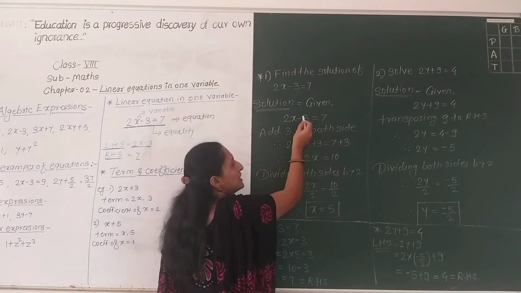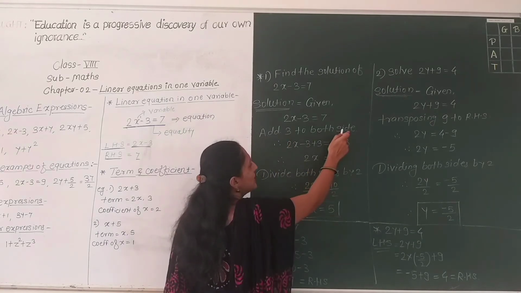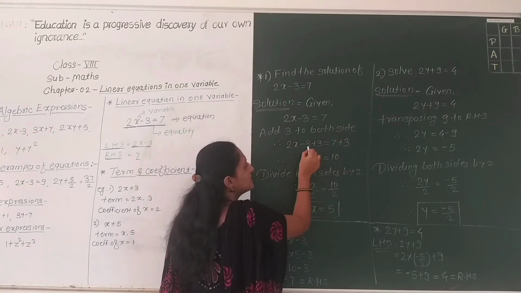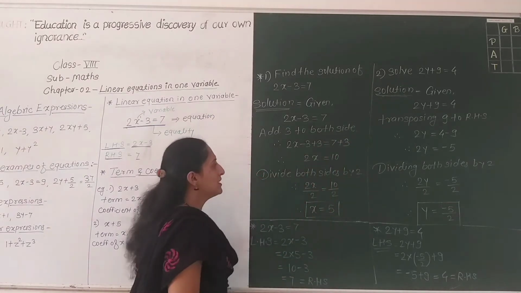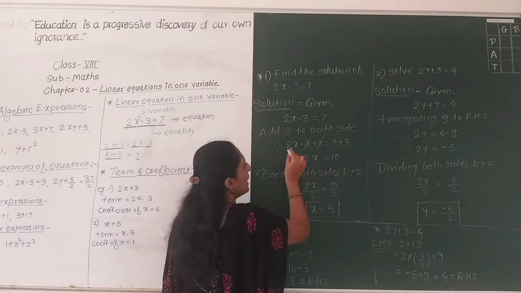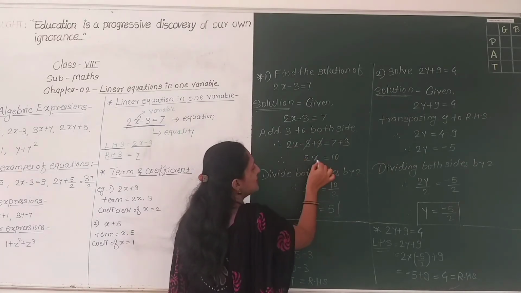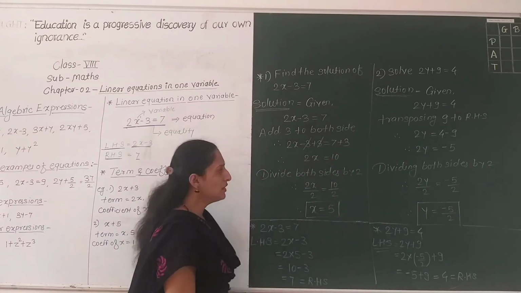Since sign of 3 is negative here. So 2x minus 3 plus 3 is equal to 7 plus 3. Here this negative 3 and positive 3 will cancel and we get 2x is equal to 7 plus 3, which is 10.